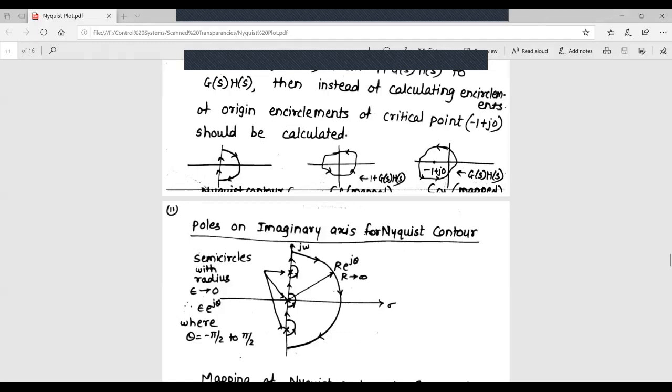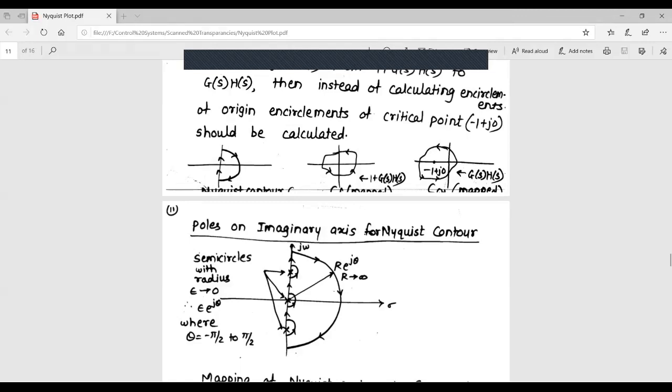So till now what we have discussed is, ultimately, we will take an OLTF, open loop transfer function. From the open loop transfer function, we are trying to comment on the closed loop stability of the system. We have seen that closed loop poles of the system are nothing but zeros of 1 plus GSHS.